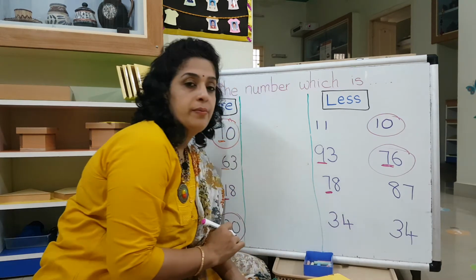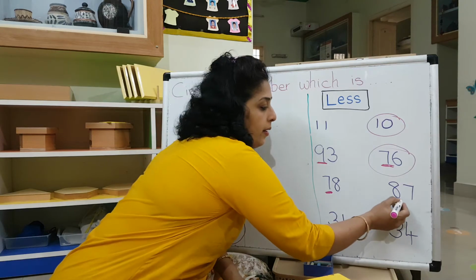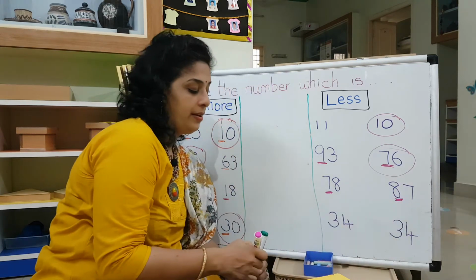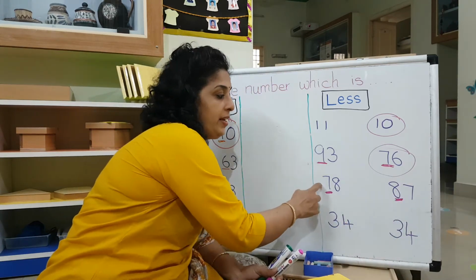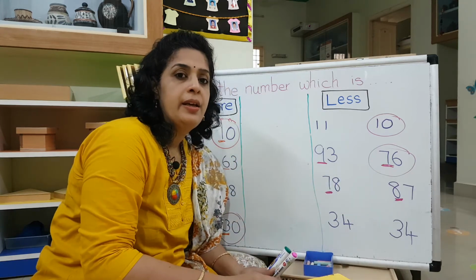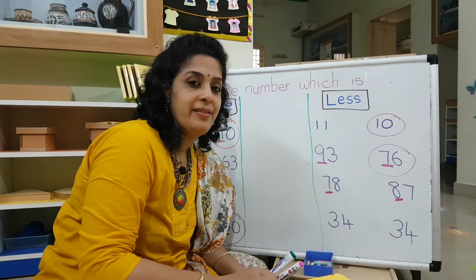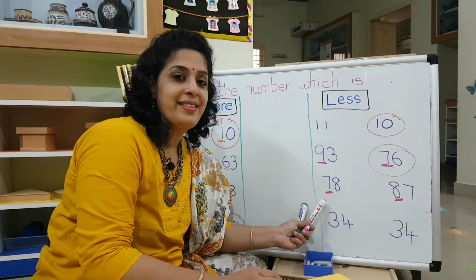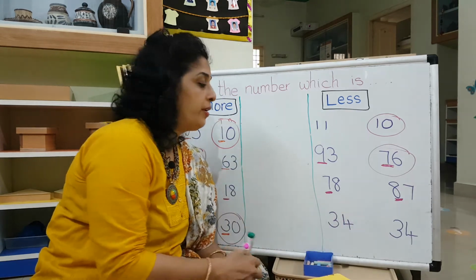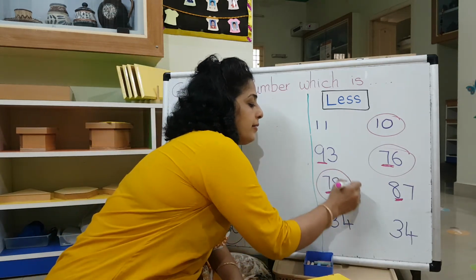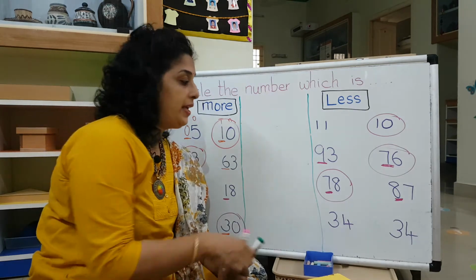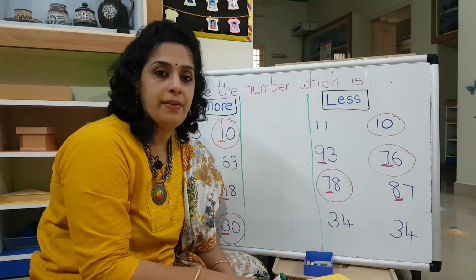What do you have here? 7. What do you have here? 8. Which is less? 7 is less. 8 is more. So circle 78. 78 is lesser than 87.